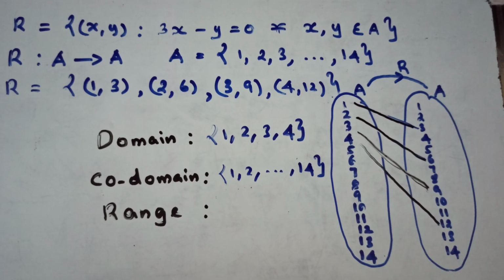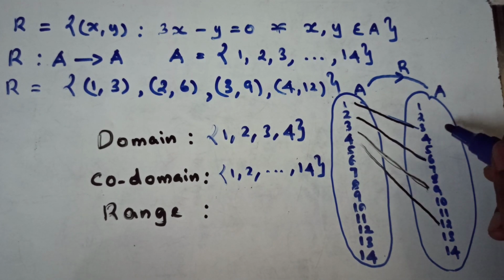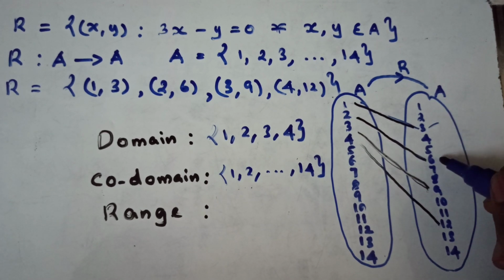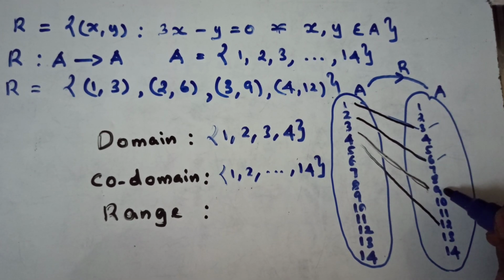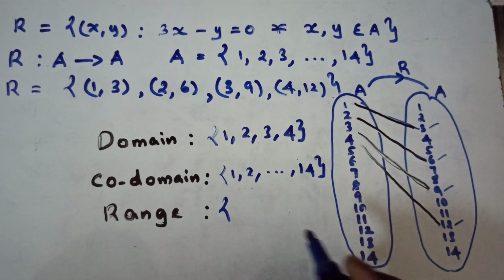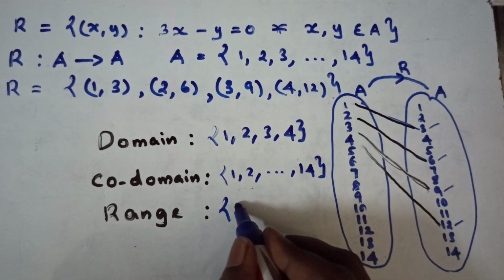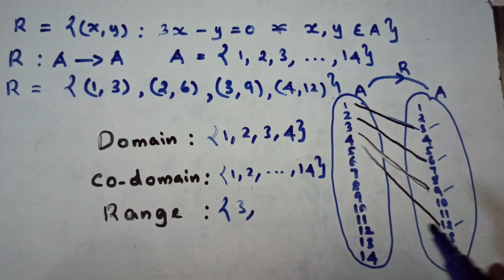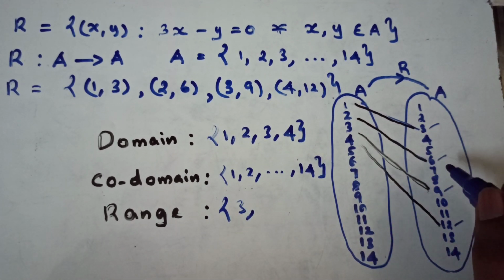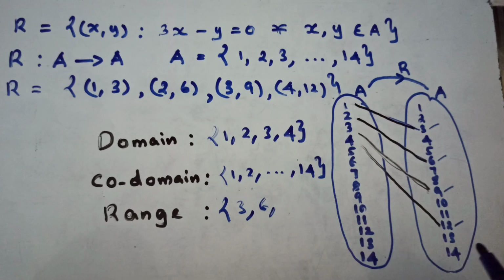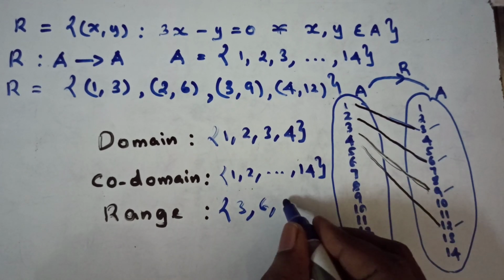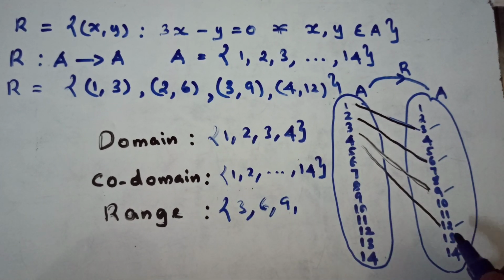And all the elements which are mapped are your range. 3 is mapped, 6 is mapped, 9 is mapped, and 12 is mapped. So all your output values 3, 6, 9, 12.